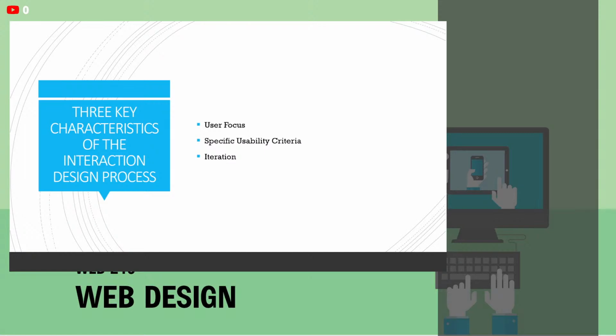And then finally, iteration. Right? Every design process basically has iteration built into it. We say that website design is a living process to a degree, right? Nothing ever really is finalized as you see an interaction design in action and users are using your site.